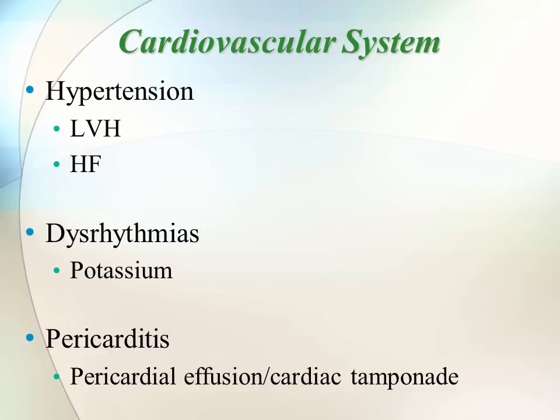Let's look at hypertension. 70 to 80% of patients with acute kidney injury and chronic kidney disease have hypertension. It comes because we have an increase in sodium and water retention, an overactivation of the sympathetic nervous system, and stimulation of the renin-angiotensin system.